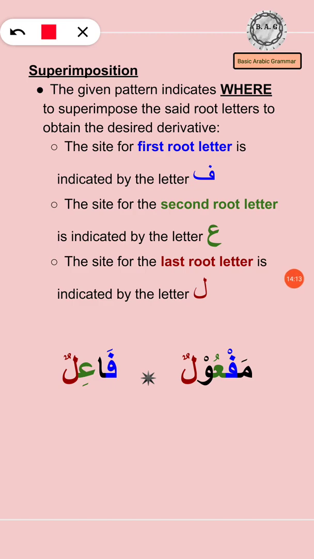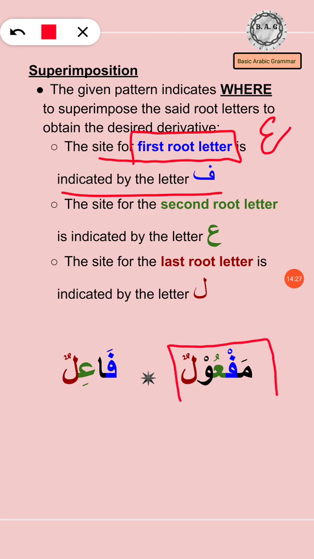Now let's go on with the superimposition. What happens here? The site for the first root letter is indicated by the letter fa. In any given pattern, you simply locate where the letter fa is, and you replace this fa with the first root letter, or I would simply call it R1. Put R1 at the place of the letter fa in the pattern. Then the site for the second root letter is indicated by the letter ain.